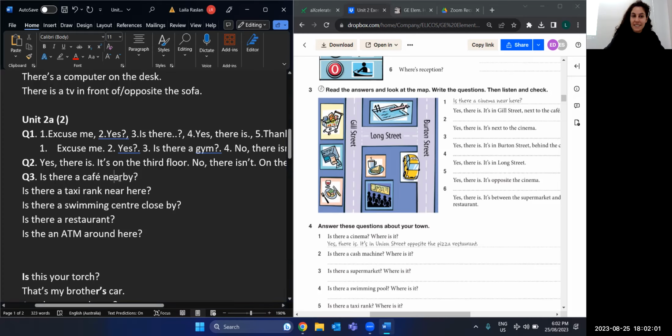So you got lots of ways to say nearby, near here, close by, around here. So is there an ATM around here? Or is there a cash machine? Or you can say a cash machine, but it's more common to say ATM. Is there an ATM around here?